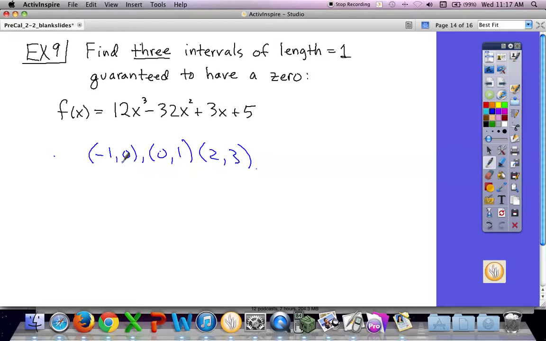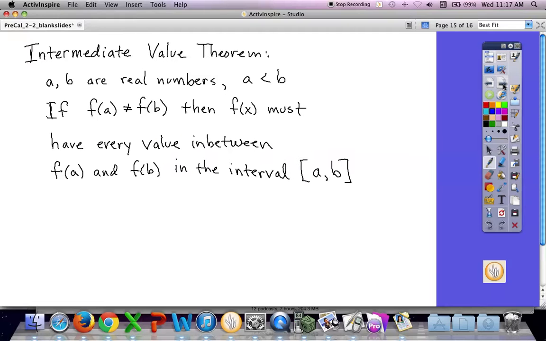The way that it's worded in the book, right before this example, says that if A and B are real numbers such that A is less than B, like -1 is less than 0 in our example, then if f of A does not equal f of B, in that case, f of -1 did not equal f of 0, one was negative and one was positive, then the function must have every value in between what it had at -1 and what it has at 0.